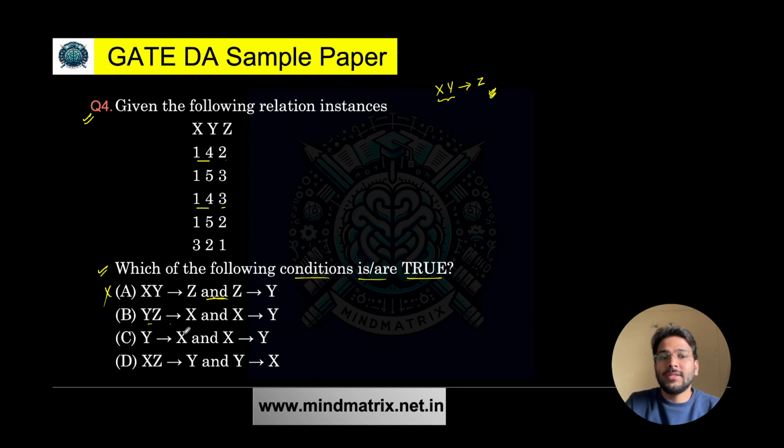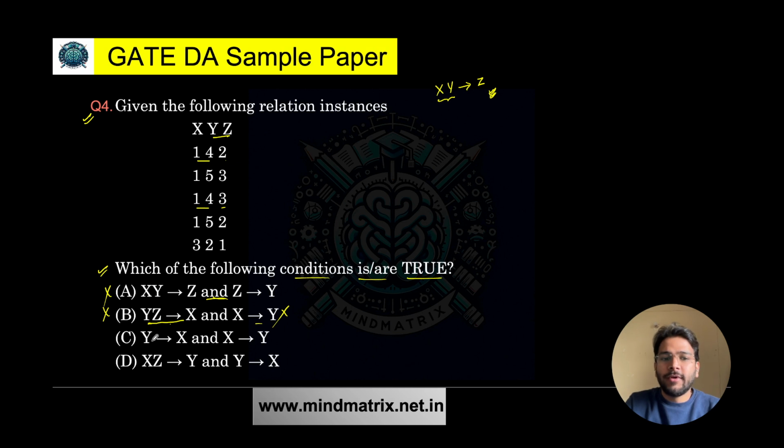YZ determines X. YZ determines X. 4 2 determines 1 uniquely, fine. 5 3 1, 4 3 1, 5 2 1, 2 1 3. So that is correct. This one is correct. What about X determines Y? 1 determines 4, but 1 is also determining 5. So this is incorrect. 1 has to uniquely determine Y as per this condition. So this is also incorrect.